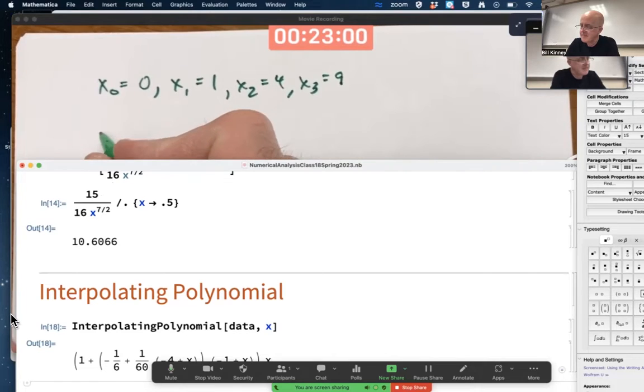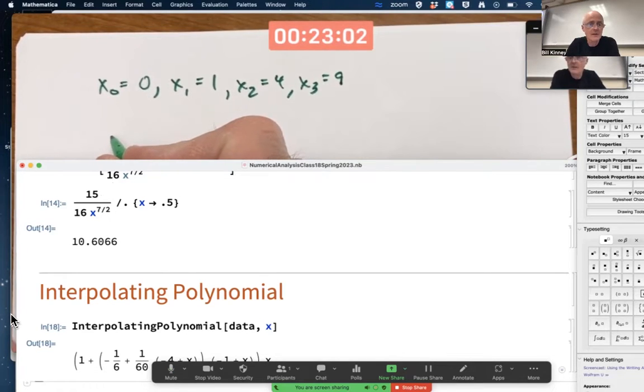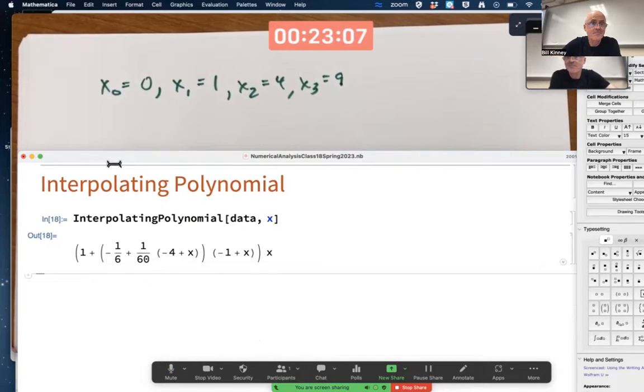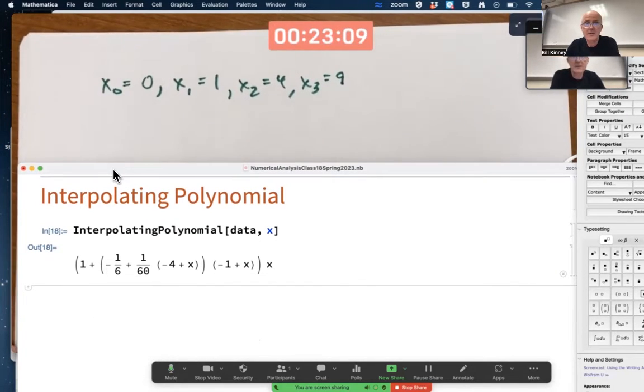And evidently what Mathematica is saying here is that the degree would be 3. It would be a cubic.